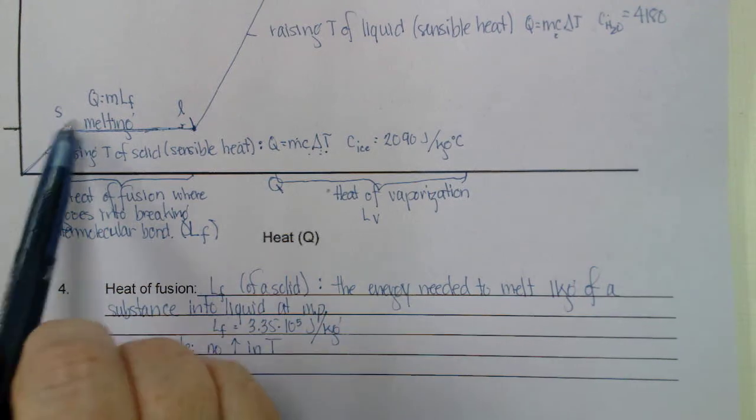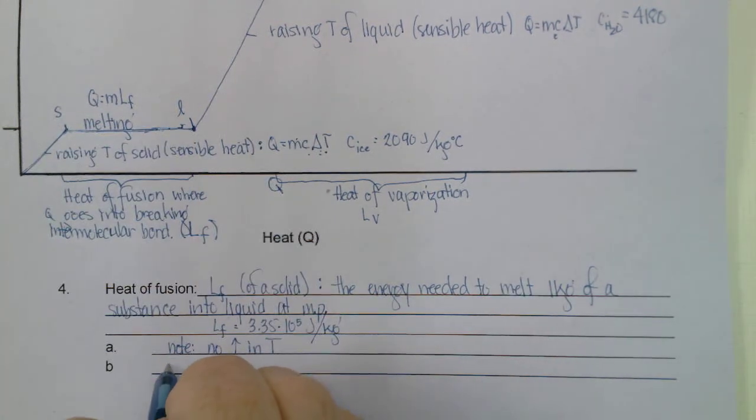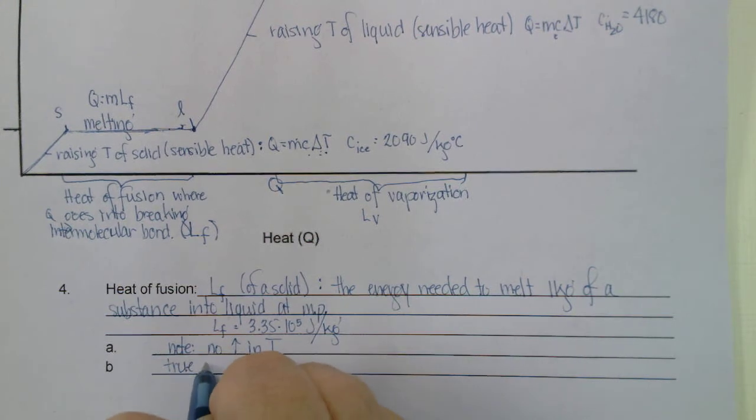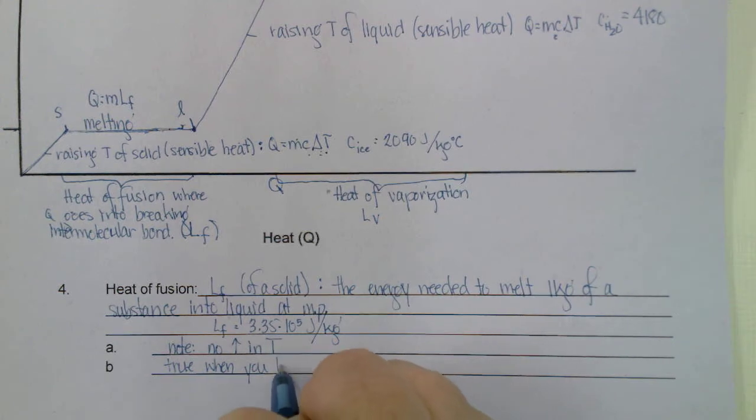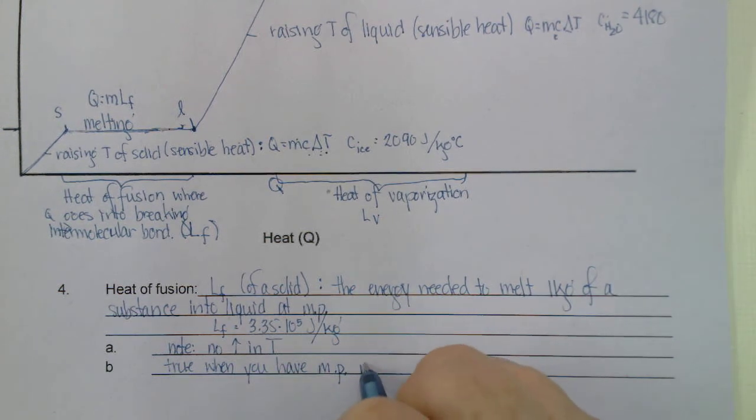And this, by the way, works when you have, the graph is going to look like this. It's going to be true when you have a melting point, not a melting zone.